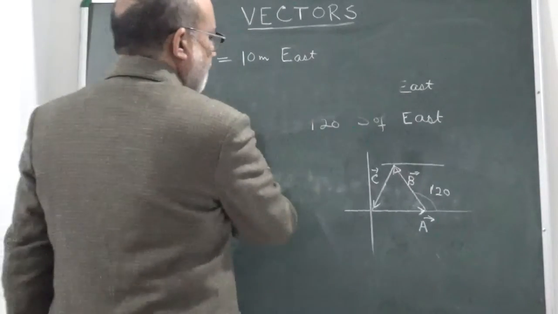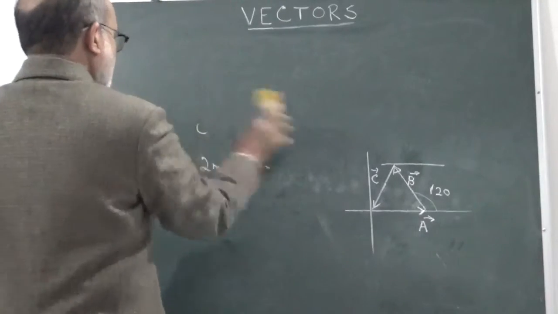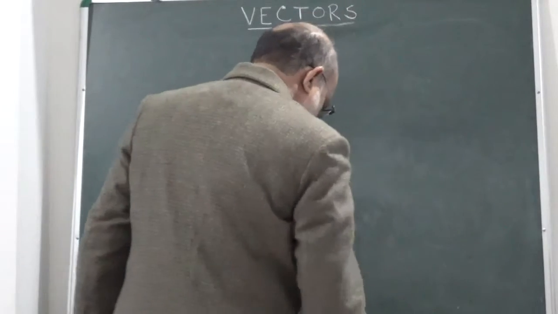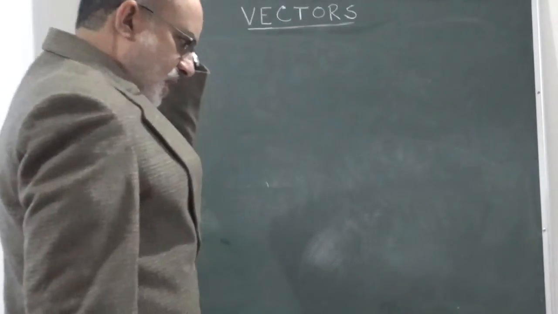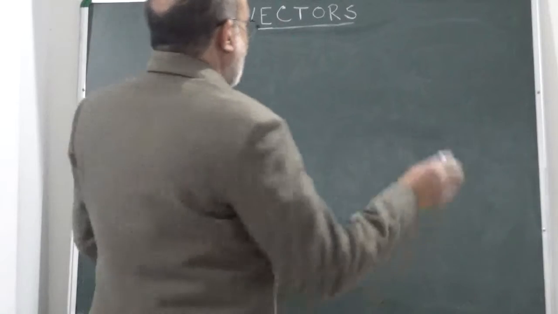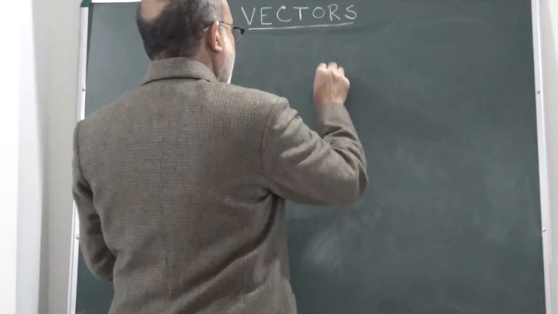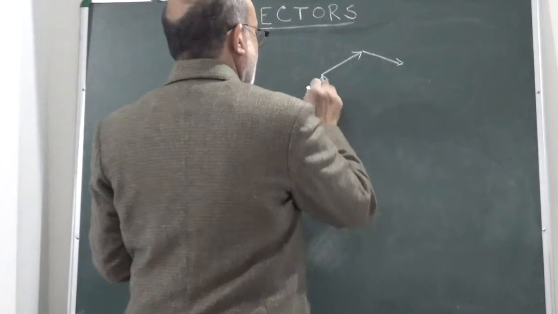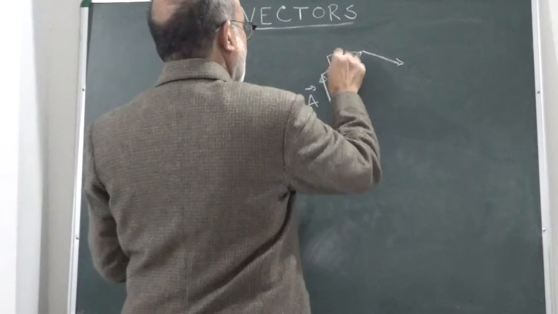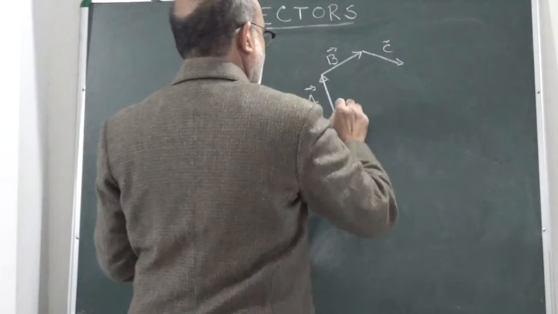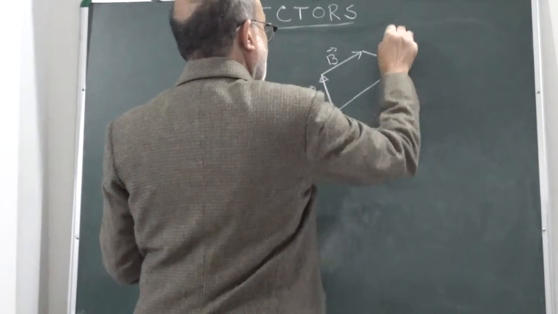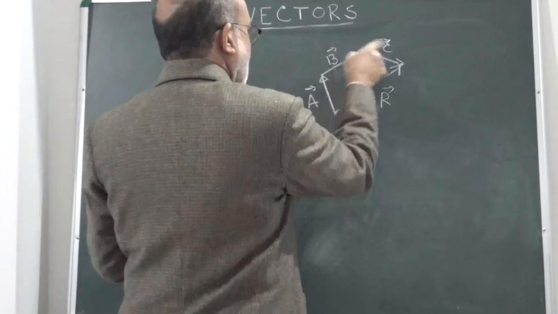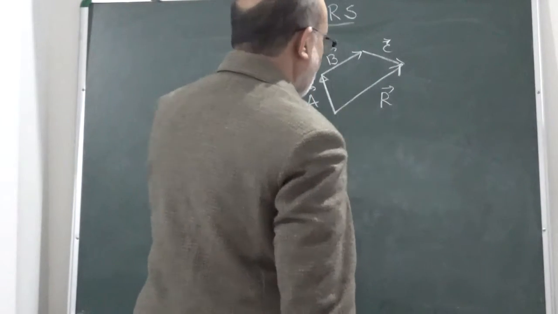Now we'll move ahead to the next. So we have already found that if you arrange the vectors head to tail, the resultant is given by this straight line joining the tail of the initial to the head of the final. So these are called the components, and this is called the resultant.